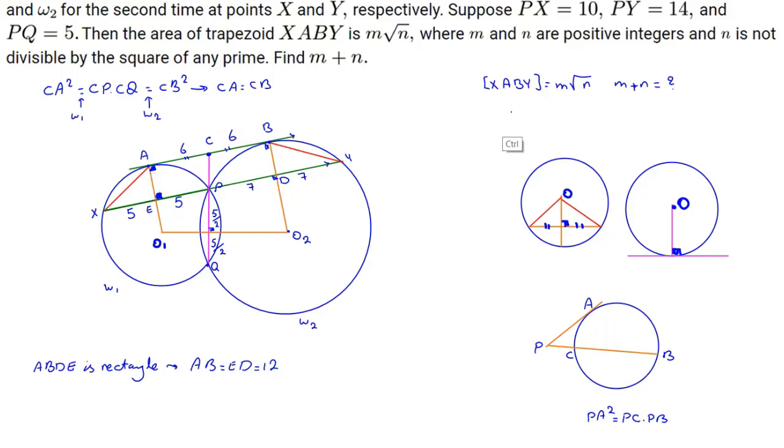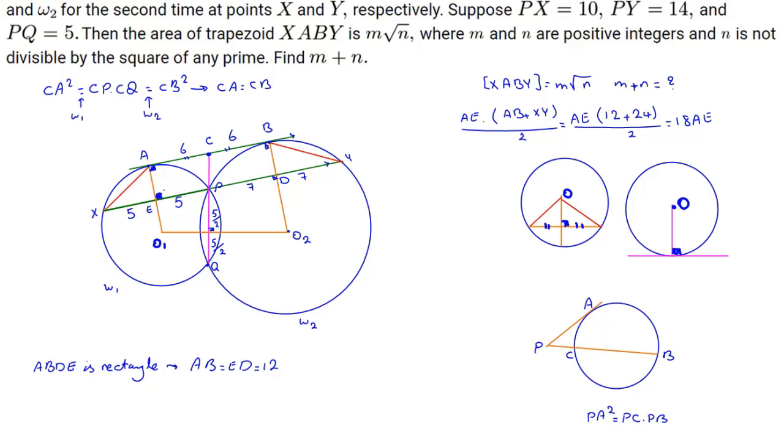So it will be AE times (AB plus XY) over 2. AB is 12. XY is 10 plus 14, which equals 24. 12 plus 24 is 36, over 2 is 18, times AE. So the only thing we should find is AE.